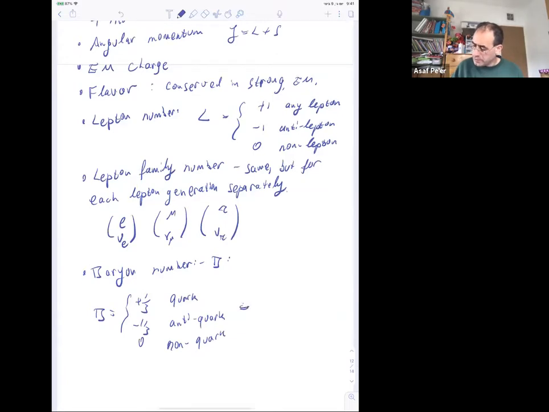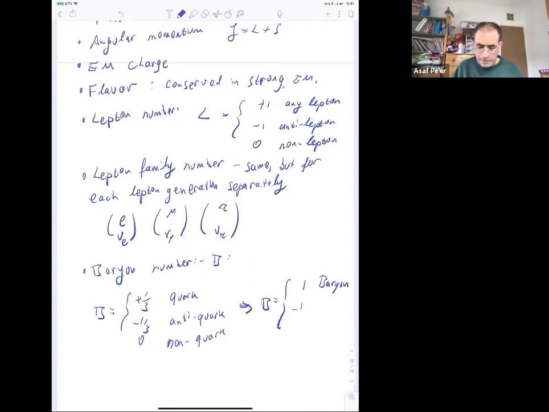Which means that it is 1 for any baryon, minus 1 for any anti-baryon, and 0 for the meson.